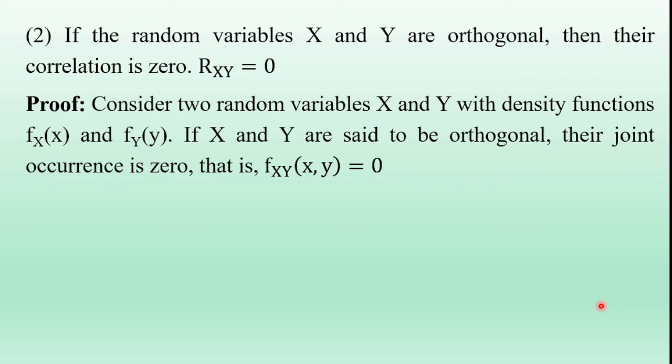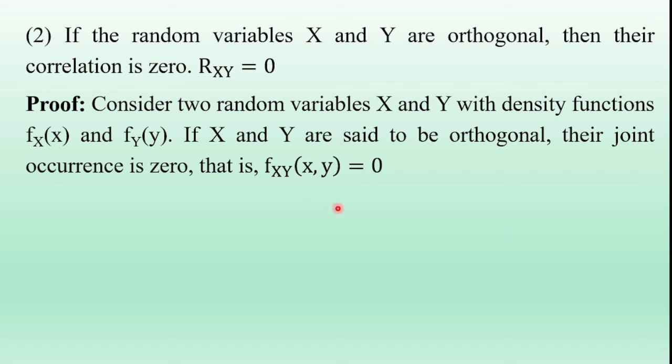If X and Y are orthogonal random variables, then the value of the joint probability density function is equal to 0. That is, fXY of x comma y is equal to 0.